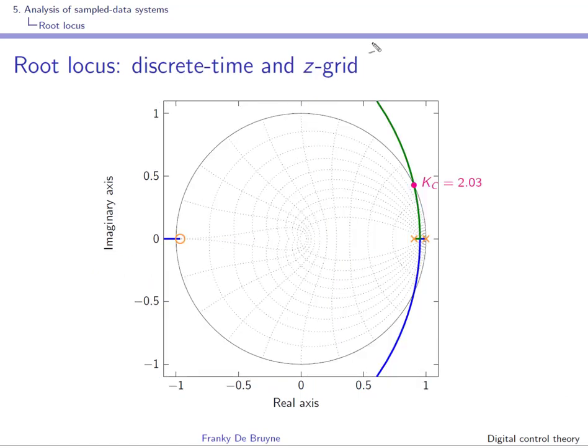So in discrete time we have to use this Z grid that we have introduced before. Here is the finite zero, there is another one at minus infinity, so there is a pole at 1, and there is a pole at the exponential of minus Ts over T, right?